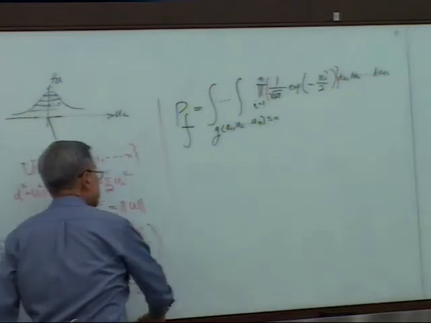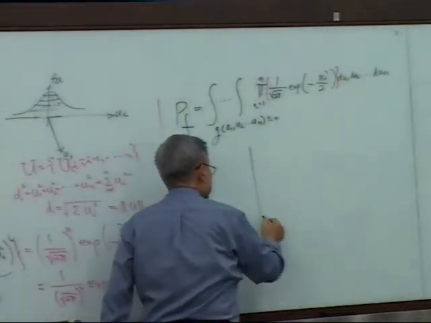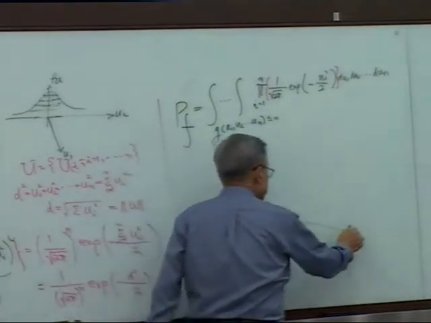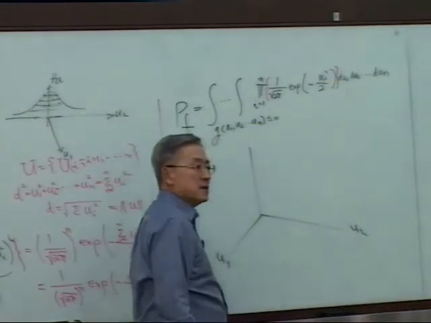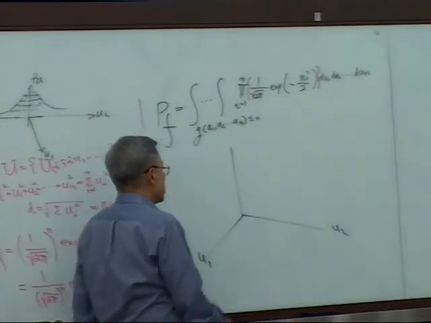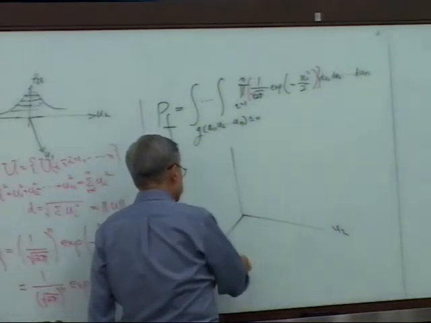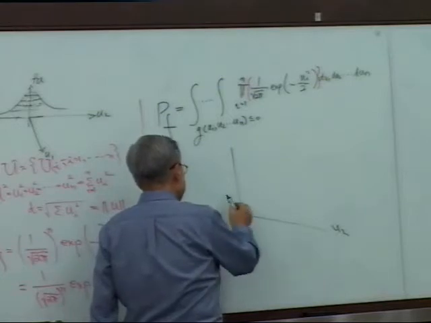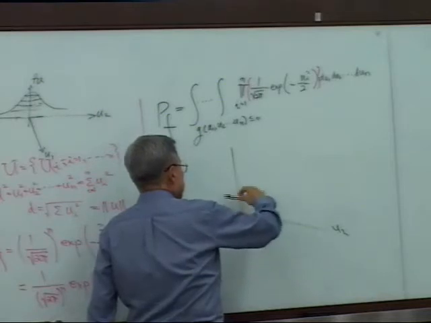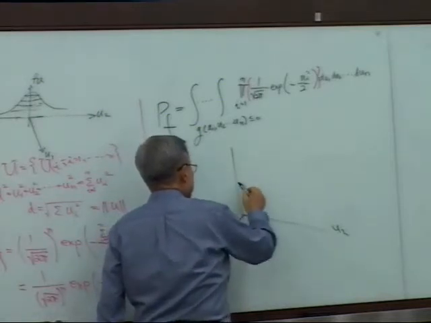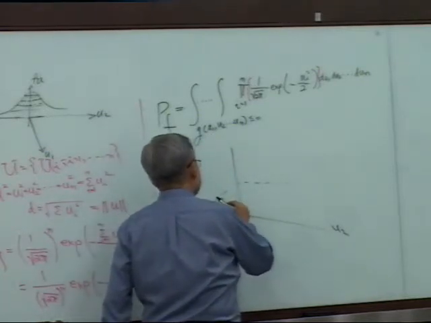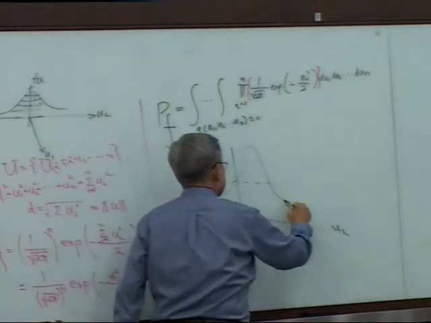So when you draw this into the 3D space for U1 and U2 only, that's all we can show in the 3D space we are living in. As you see, if you look at the notes of the book, it lifted up to here.